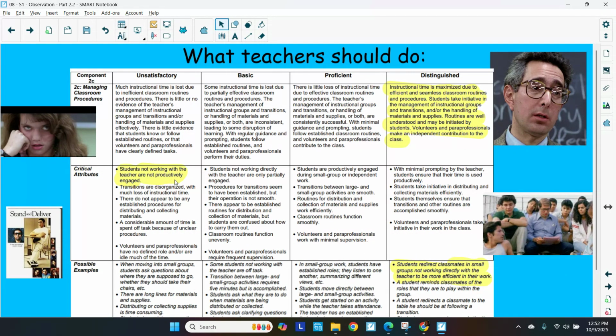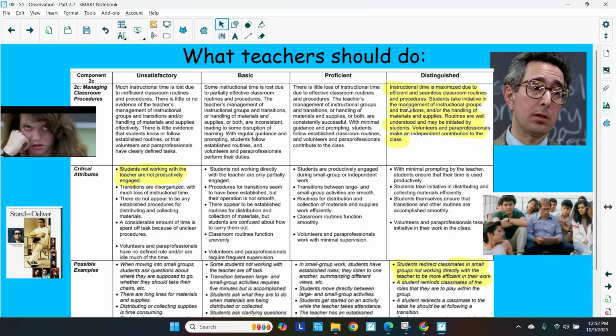So now we're on component 2C, managing classroom procedures. I just want to stress the distinguished level, and make one comment on the unsatisfactory teacher. Instructional time has to be maximized due to efficient and seamless classroom routines and procedures.